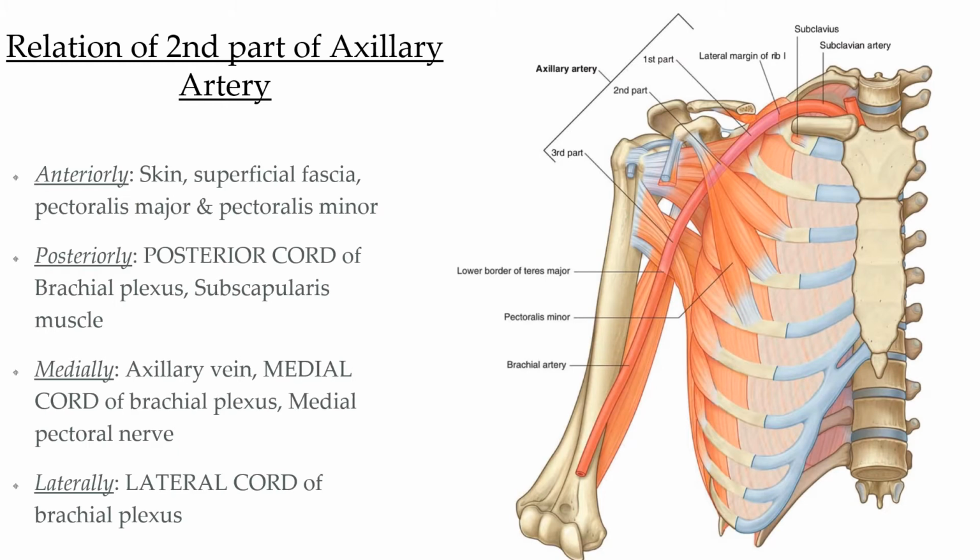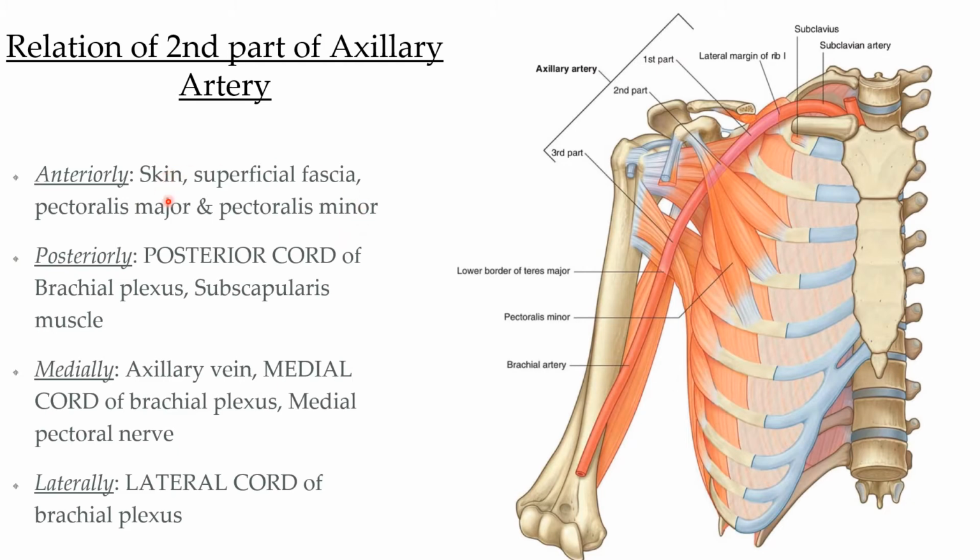Medial cord is medially related to the second part of the axillary artery. Likewise, lateral cord is laterally related with the second part of the axillary artery. With this background, let us talk about the relation of the second part of the axillary artery.